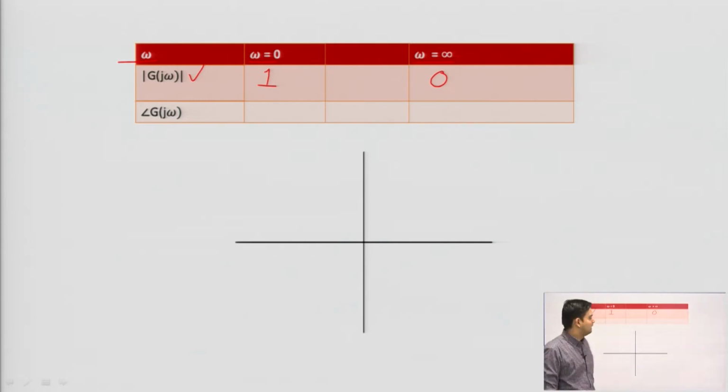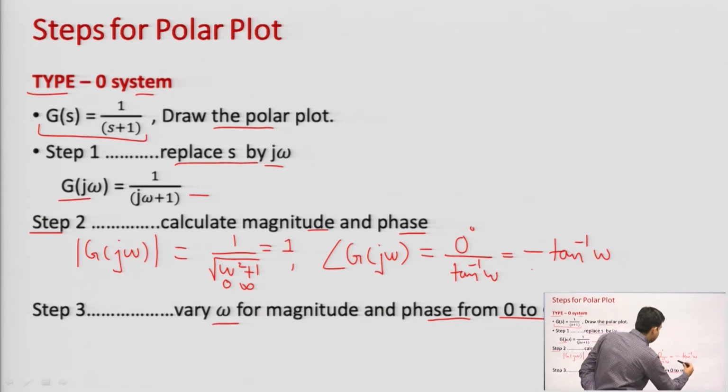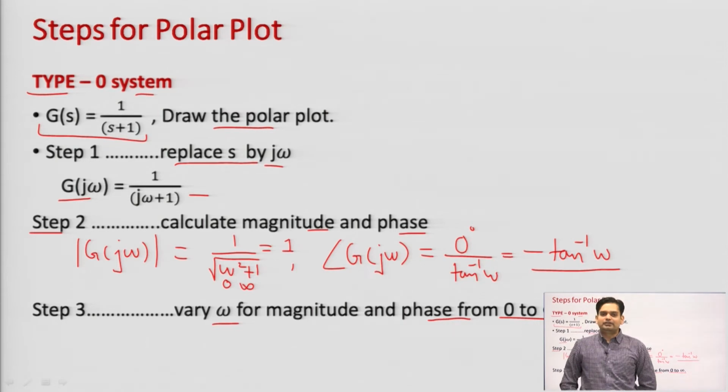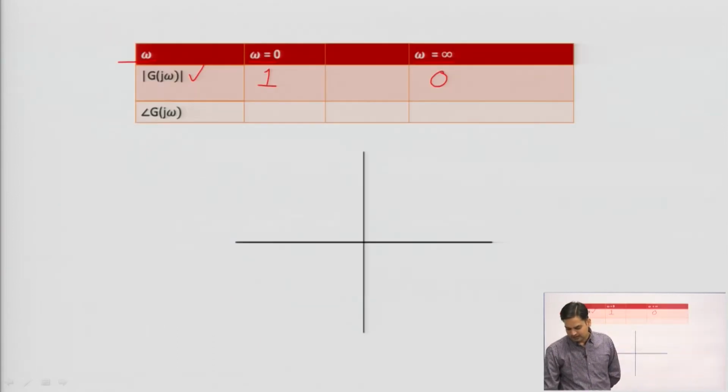In the same way I need to calculate my phase. I had done this calculation: my phase is given by minus of tan inverse omega. It means my phase is a function of frequency. First I put omega equal to 0, then I get tan inverse 0, that is 0. It means when my omega is 0, my phase is 0.